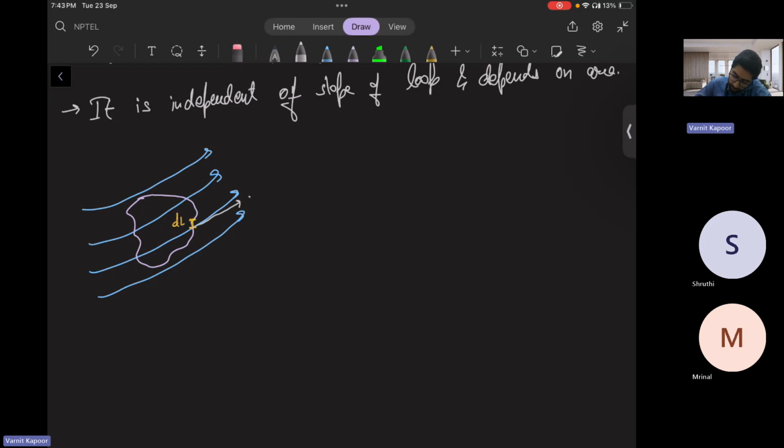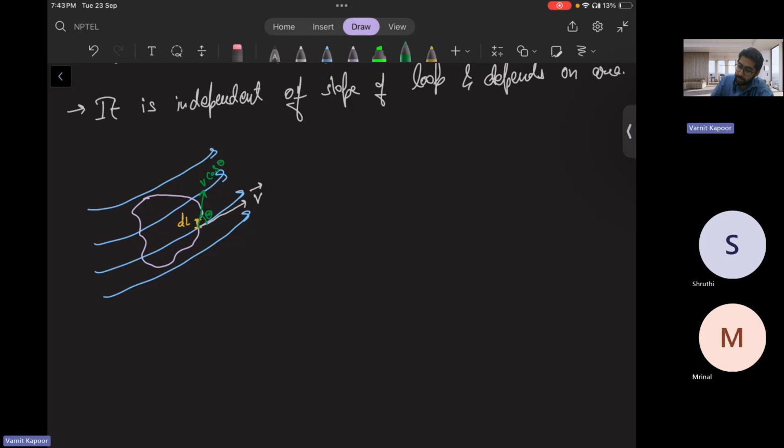But I want the component of the velocity vector which is tangential to this loop, not to the streamline. The vector v I have drawn is tangential to the streamline, but I want the tangent to the loop at this point. If I say the angle is theta, that component is v cos theta. So this is how my whole loop will have the components.